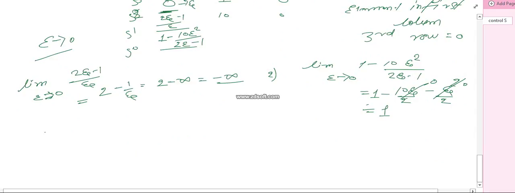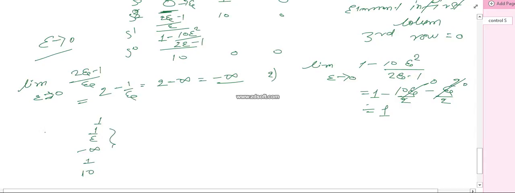So total sign change, if you see, 1, epsilon, then minus infinity, then 1, and then 10, and here you get 10, 0, 0.